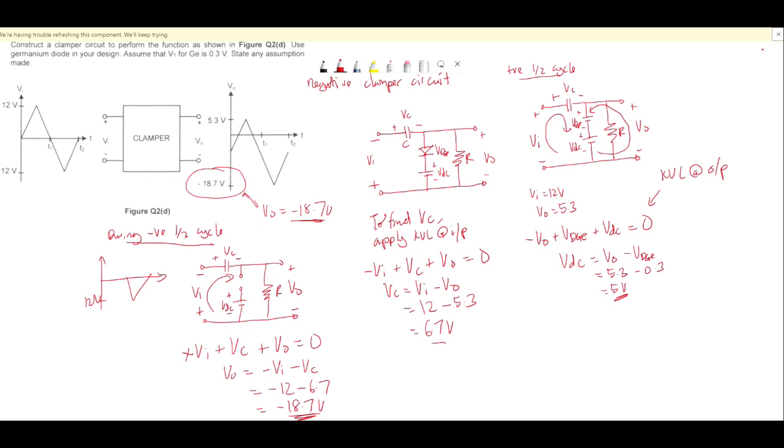Lastly, if the question says you need to construct the clamper circuit, then finally you can draw the final proposed circuit to be like this.